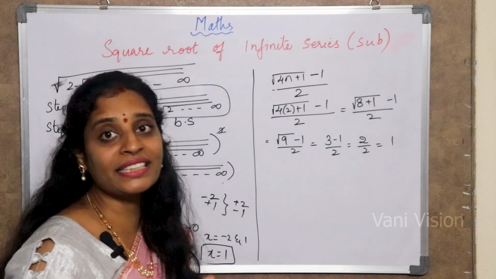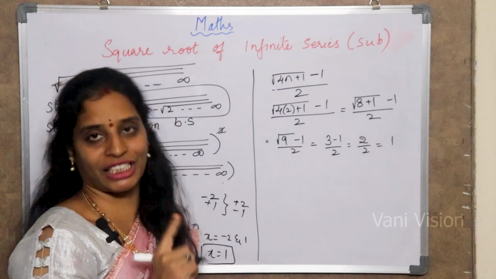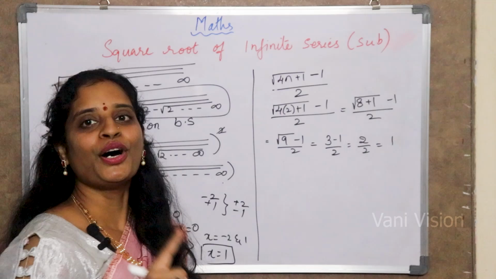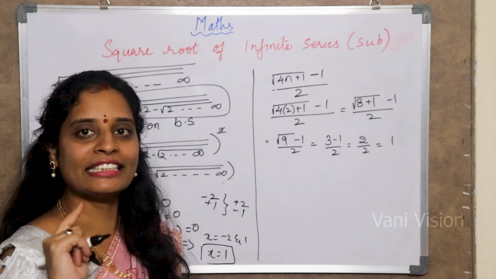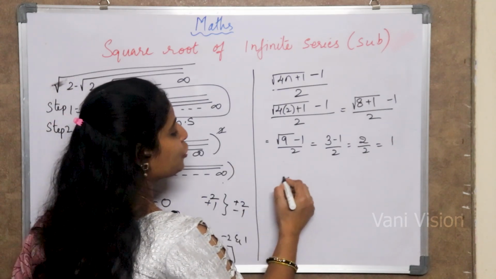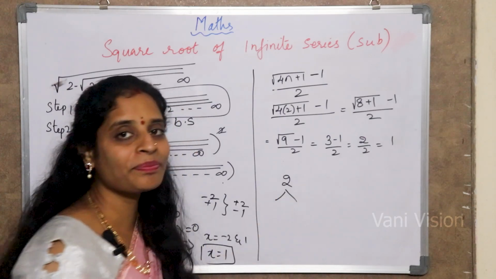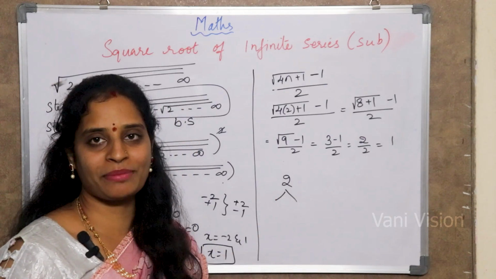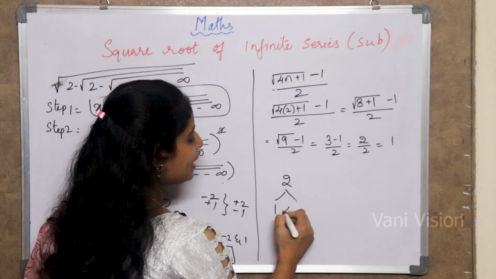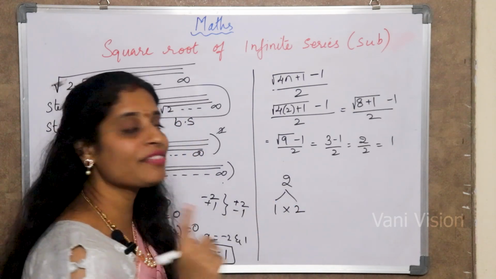As we have learned in addition, here also we are going to take another trick, that is, 2 can be written as two consecutive product numbers, right? That is 1 into 2. And one more example.